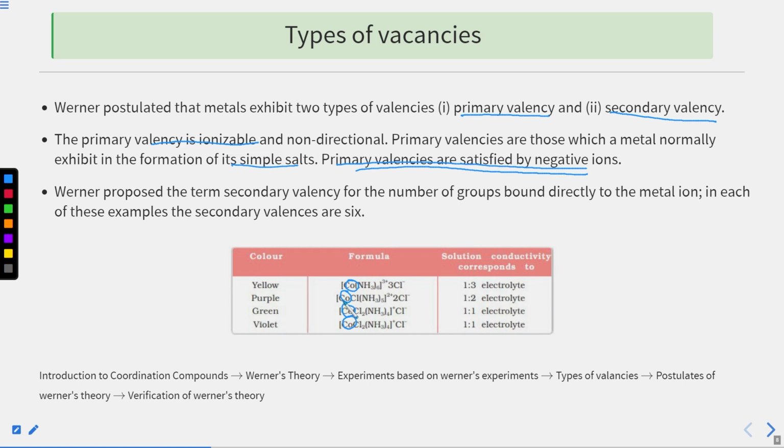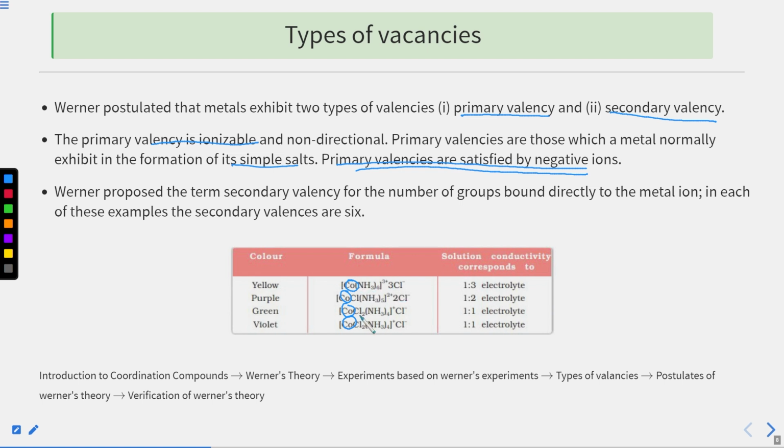They were not satisfying the primary valency. Instead, they were coordinately bonded to the cobalt cation. Therefore, they were not ionizable. So the difference between primary and secondary valency is that primary valency is ionizable, secondary valency is not ionizable. Primary valency is satisfied only by negative ions, whereas the secondary valency is satisfied by neutral molecules or ions.